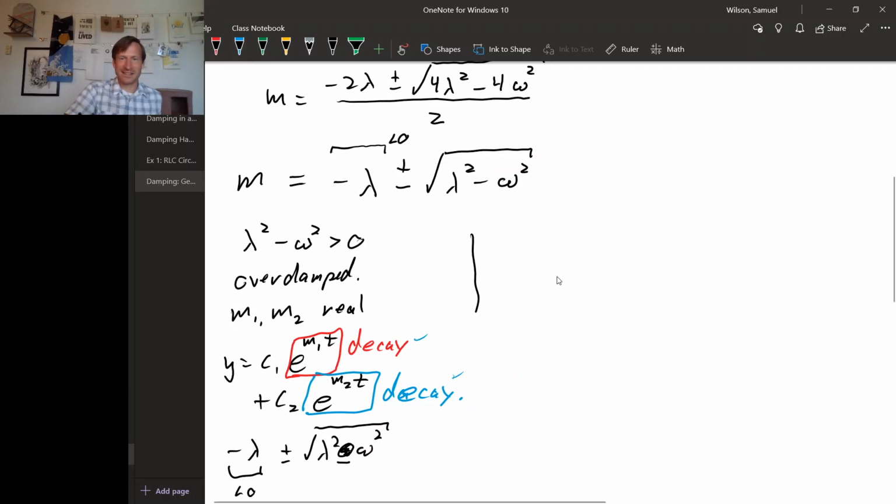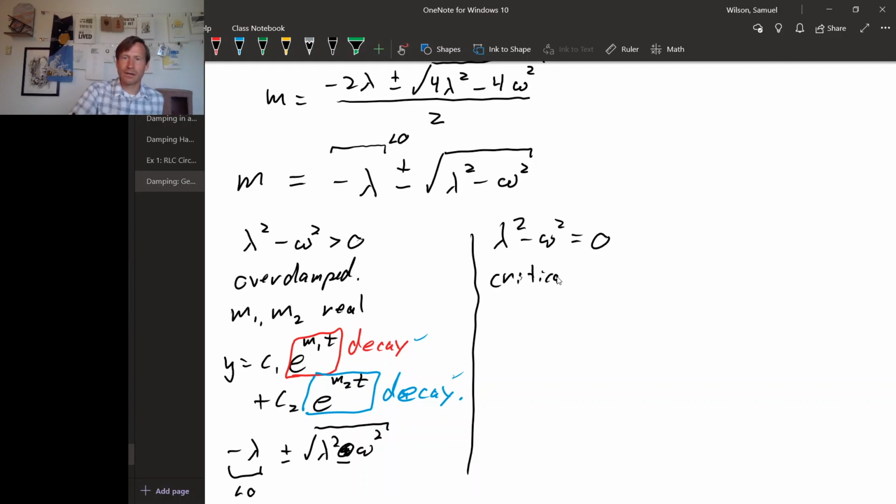So now let's look at the second situation, when lambda squared minus omega squared is exactly equal to 0. This is the critically damped situation.